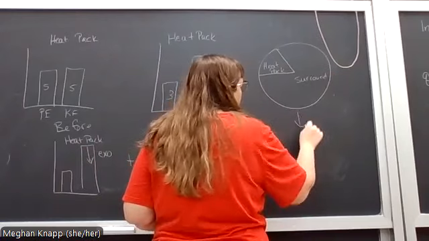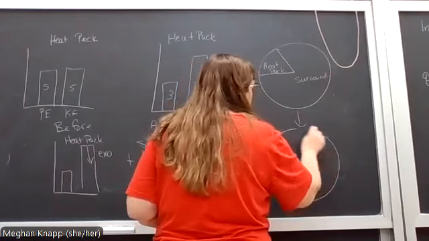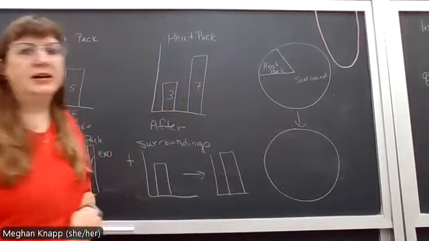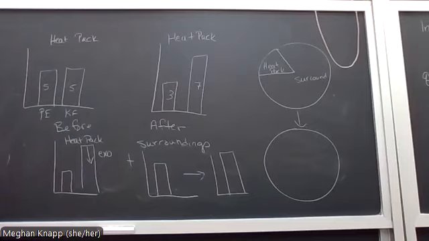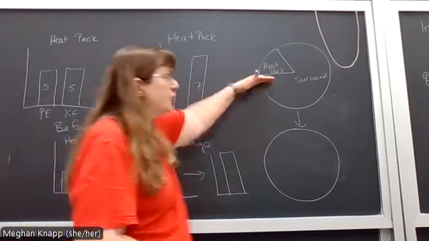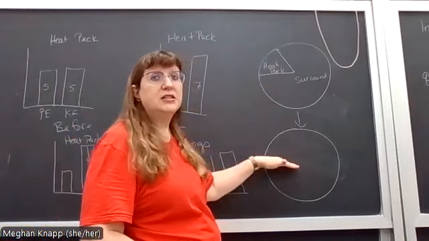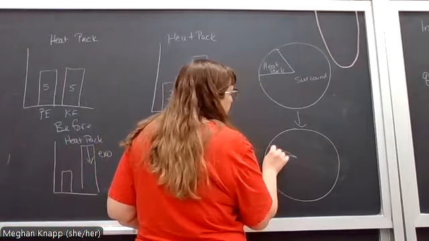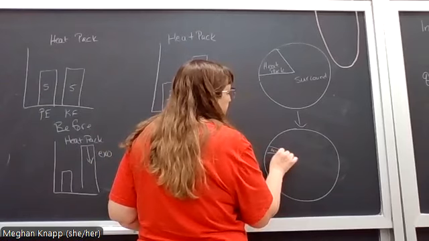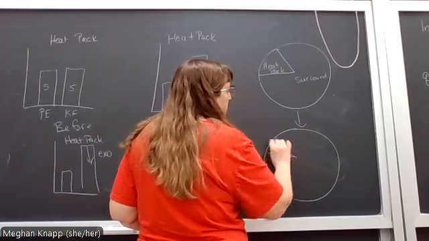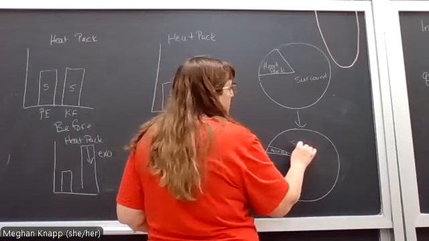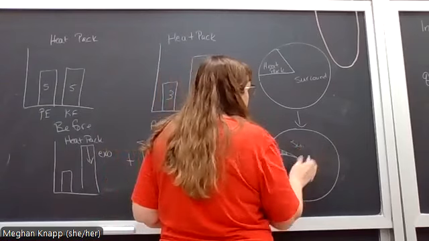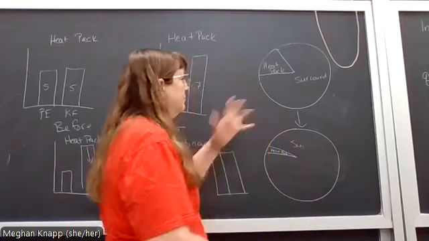As it cools off, is this wedge of the pie going to get bigger or smaller? Smaller. But the circle stays the same size because the total amount of energy is the same. So now my heat pack looks like this, but my circle is much bigger. Well, it's bigger. Not my circle, my pack.